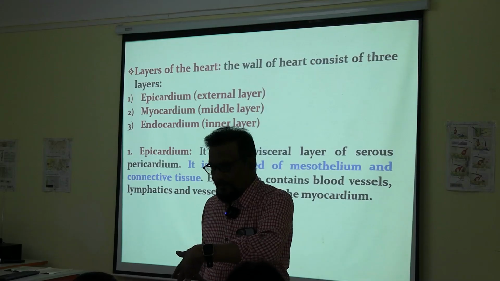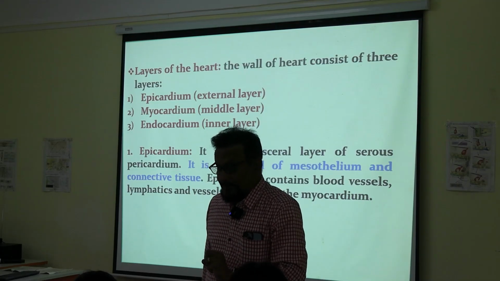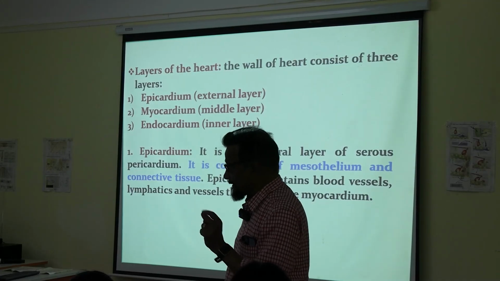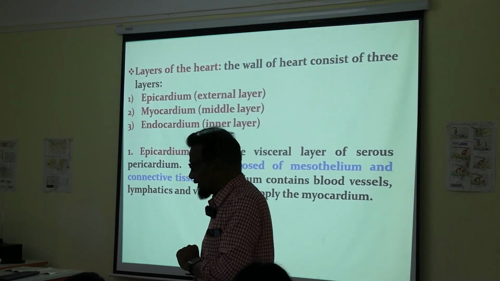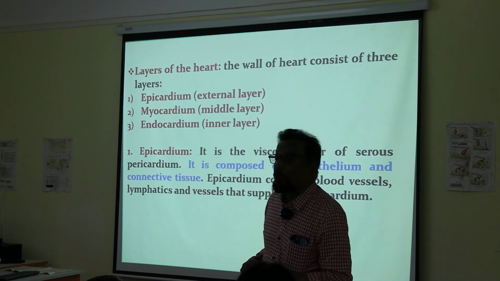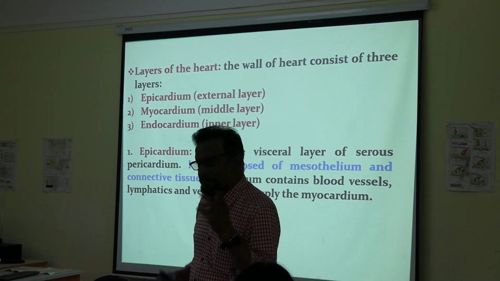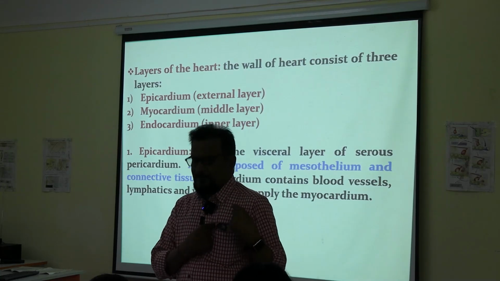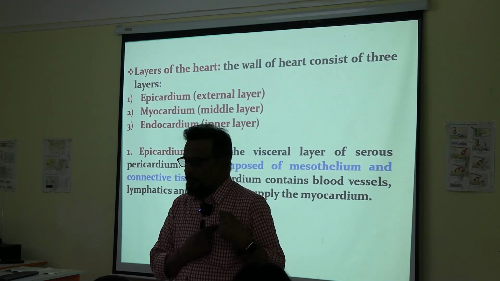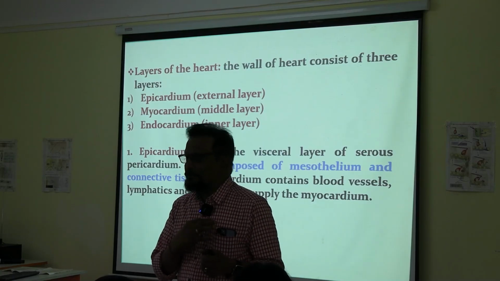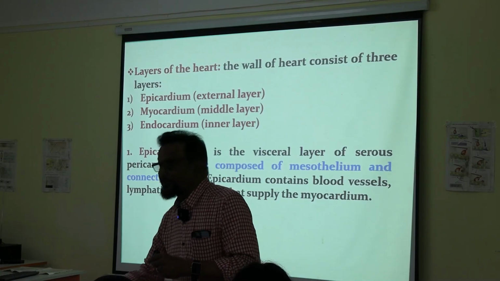The blood will be entering into the ventricle. Say it is the right ventricle. Let's see what should be the thickness of the myocardium in the right ventricle. Right ventricle, what will you do? I will send my blood to the lung. And the distance is only this much, only from here to there.